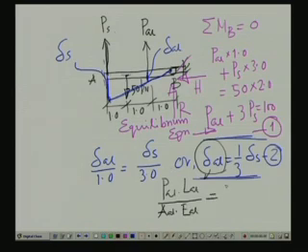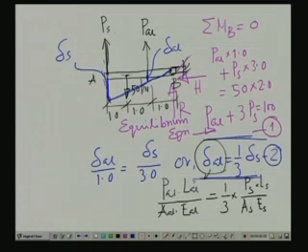This is equal to 1/3 of Ps, that is the load acting in the steel rod, times length of the steel rod divided by area of steel rod times modulus of elasticity of the steel rod.